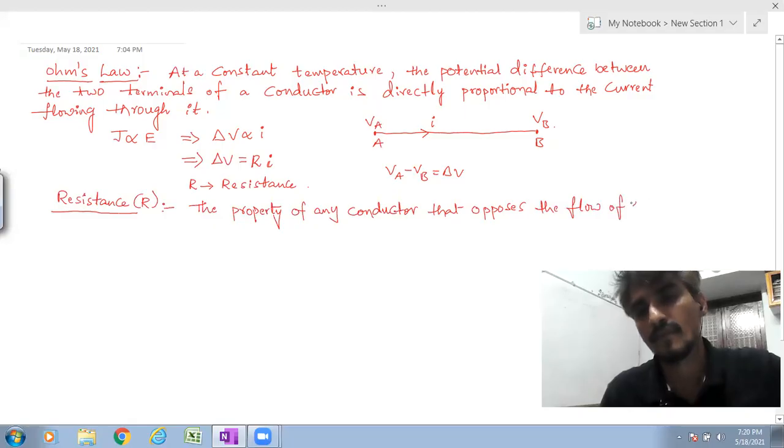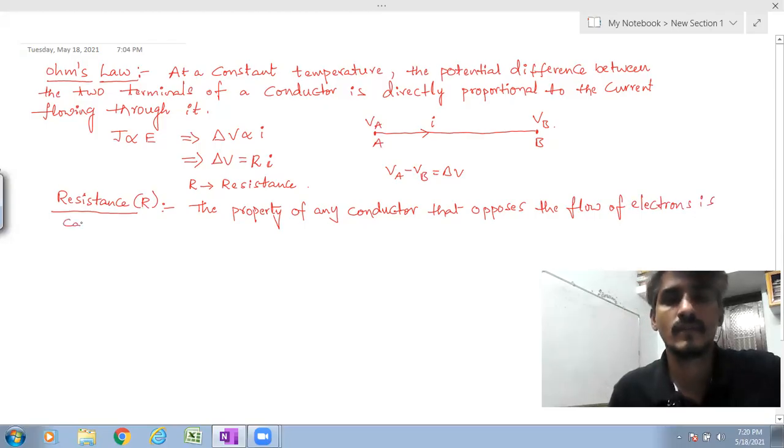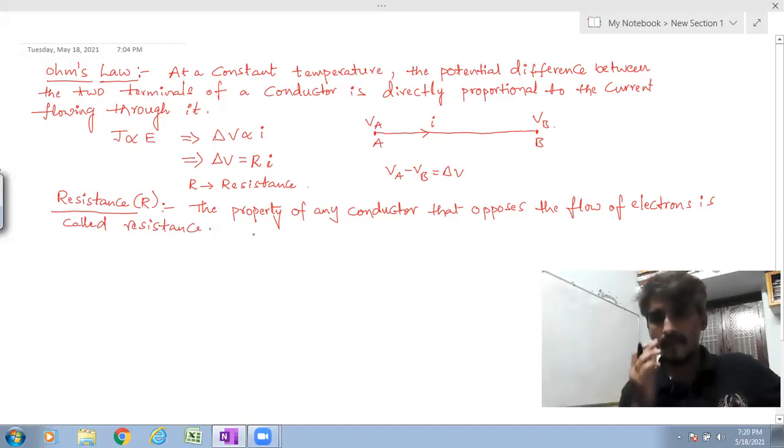That is called resistance. See here, resistance is a property of a conductor. How can we understand that property?